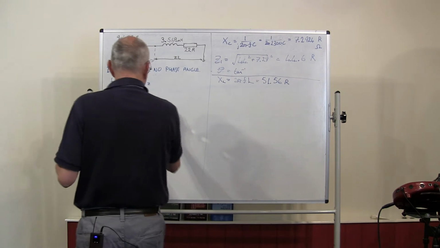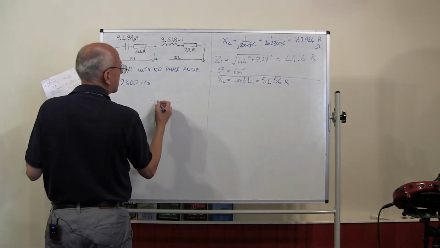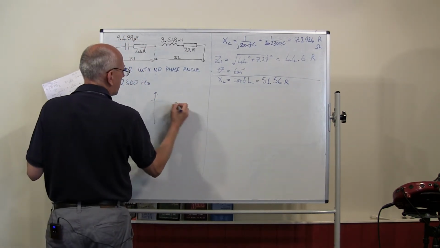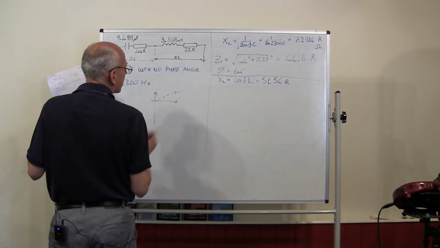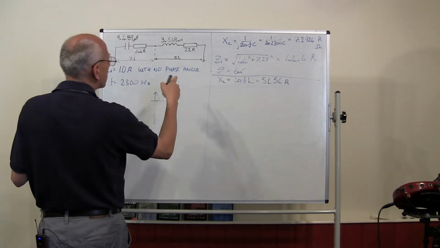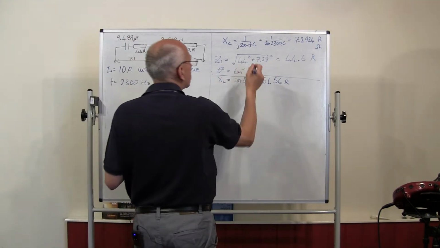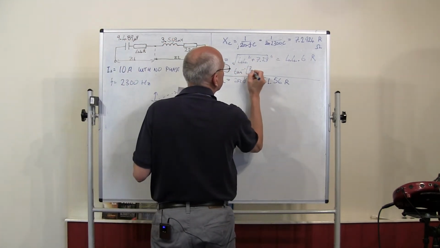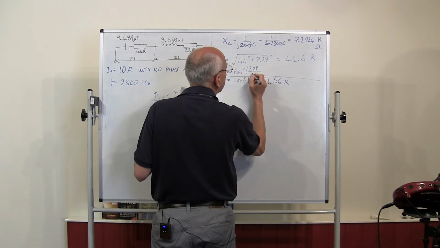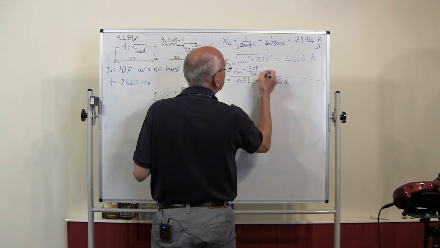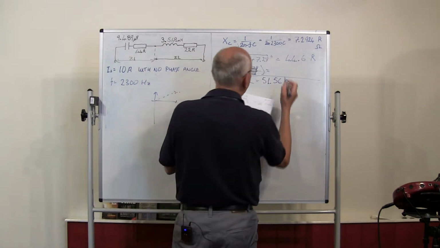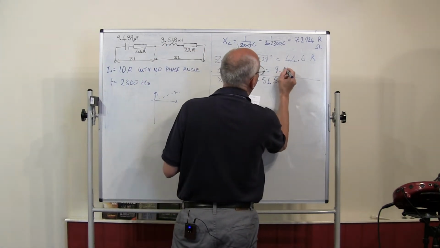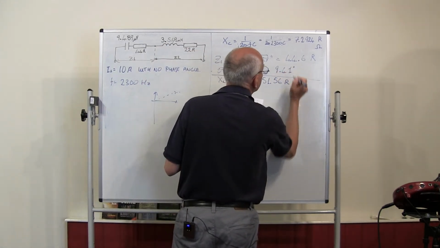Going back to my bit up here, it's opposite over adjacent, and the opposite is the lower value, which is 7. So it's 7.29 divided by the 44, and that gives me a phase angle of 9.41 degrees.